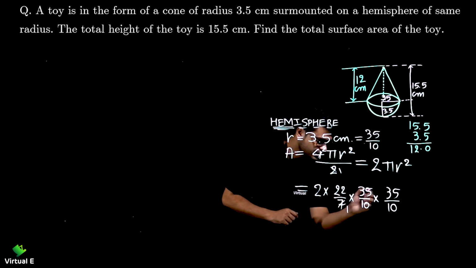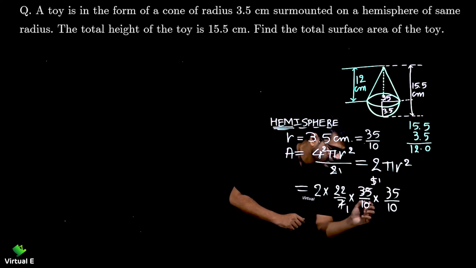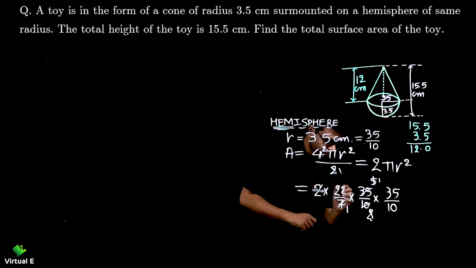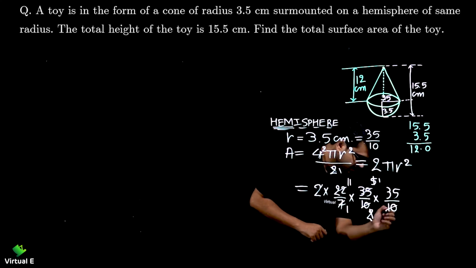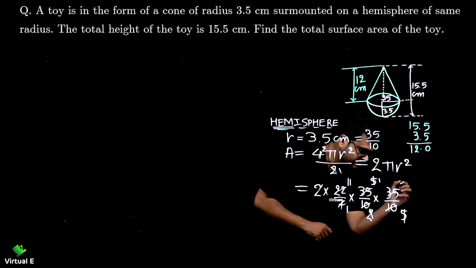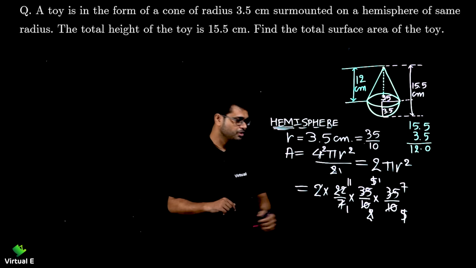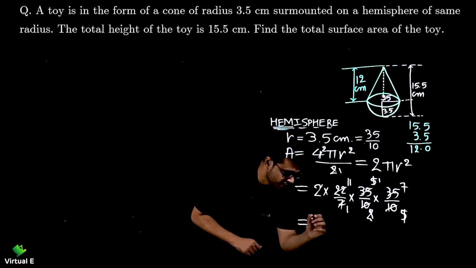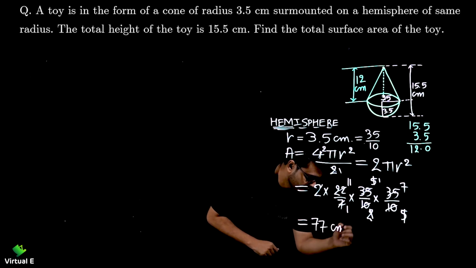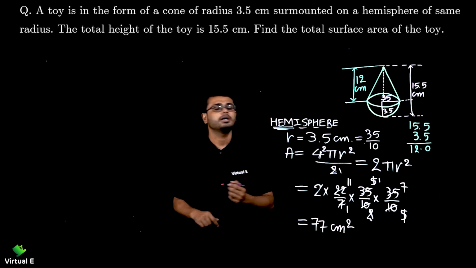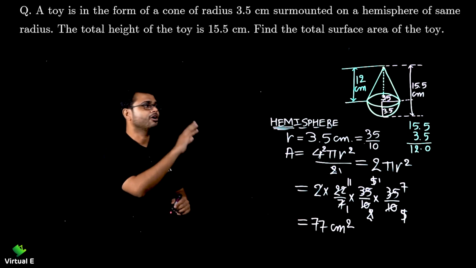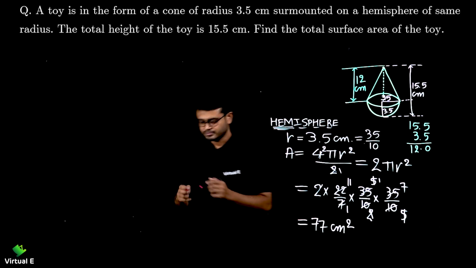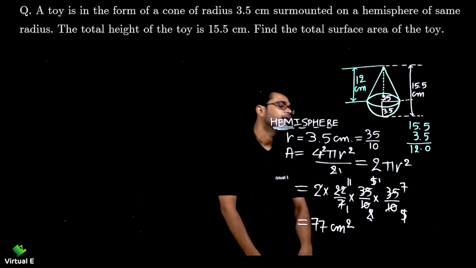Let's cancel further. Almost everything is gone. In the numerator, 11 into 7 will give you 77 centimeter square. Done. That's the surface area of the hemisphere with radius 3.5 centimeter.